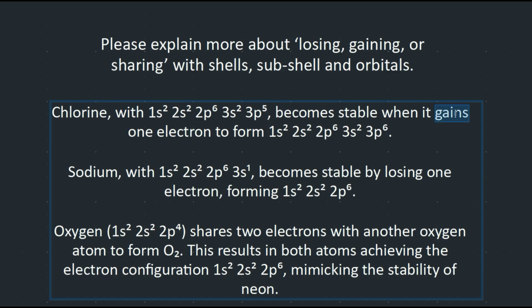Now it's much easier to gain than to lose. Sodium is 1 step ahead, so it will lose. Oxygen is somewhere in between, so it is like, let's share it, with another oxygen. Again, oxygen reacts with quite a few other things, and the scenario will be different. We're not discussing that. It's just a simple example. Okay, guys.